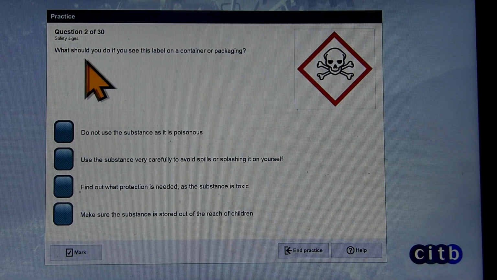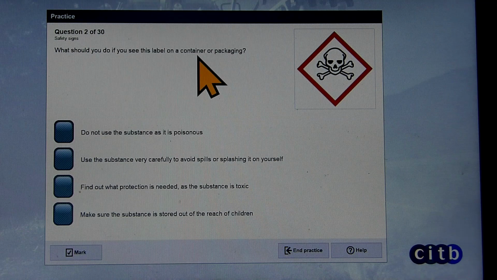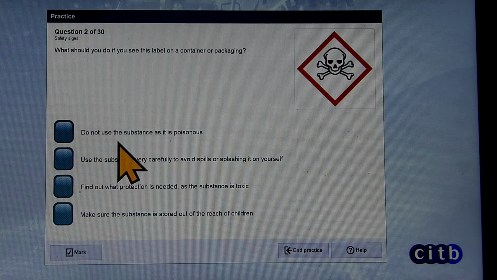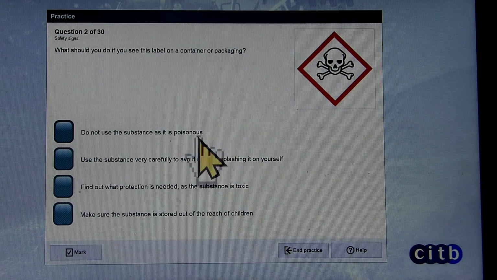What should you do if you see this label on a container or packaging? If you see this type of label, this type of mark on a container or packaging, what does it mean? Do not use the substance as it is poisonous. No, it's not about poisons.